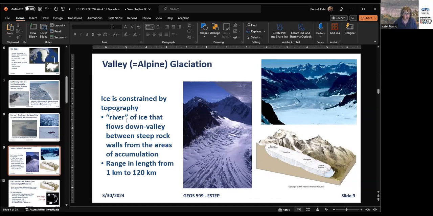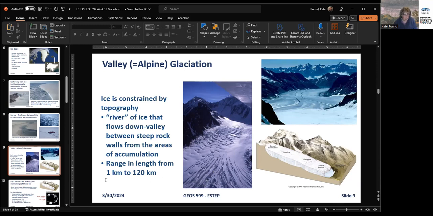So it flows in a valley-like feature, such as shown in the image in the upper right, or hopefully you can convince yourself in the image over towards the left. So essentially we have a river of ice that flows down valley between steep rock walls, and it flows from the area it accumulates in higher up in the mountains down to lower areas.